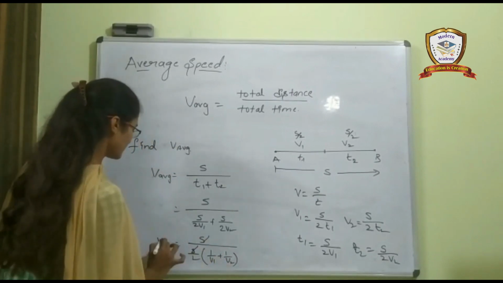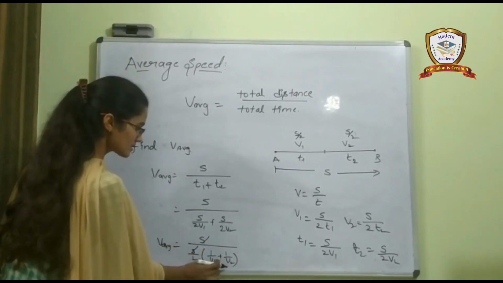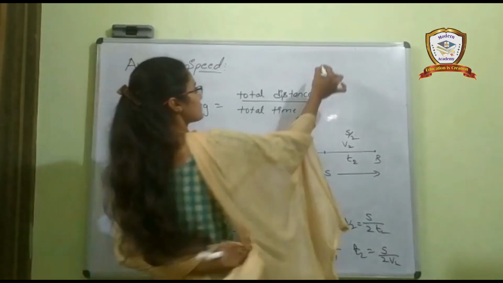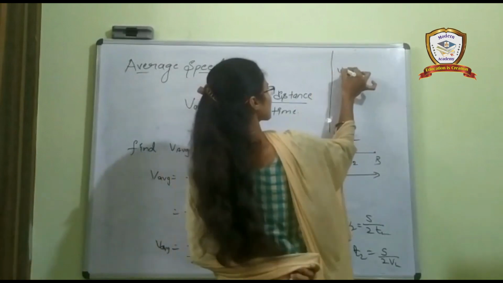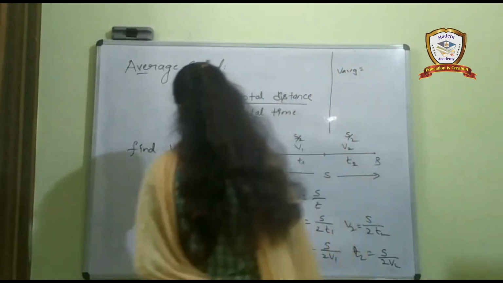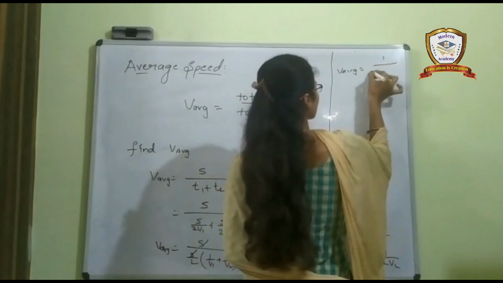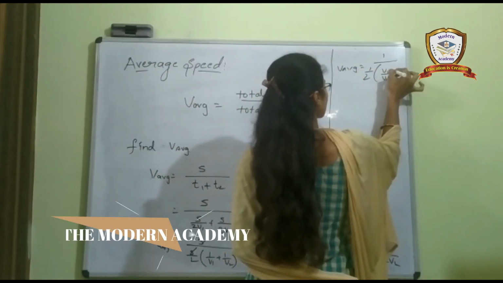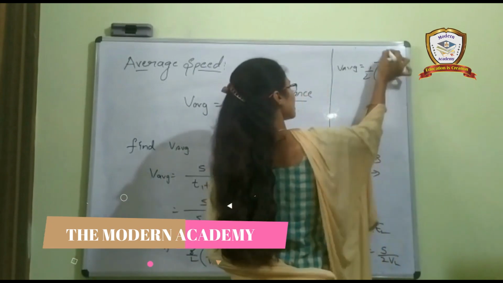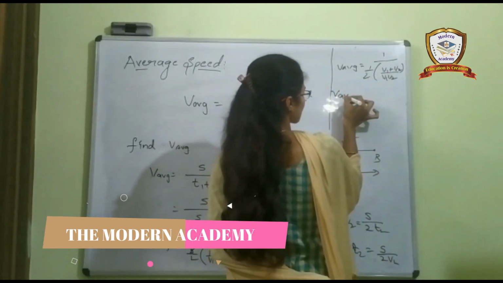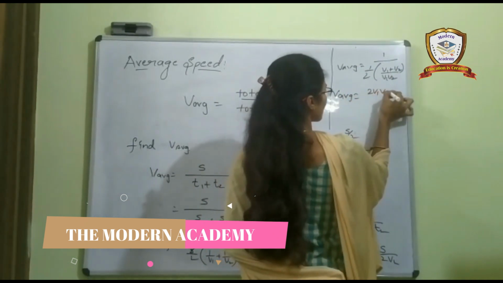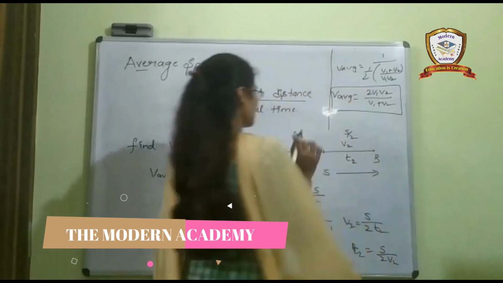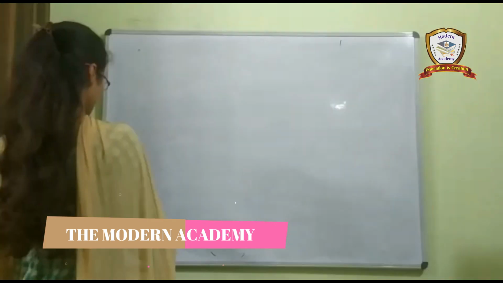Cancel these S's. V average, take LCM here. LCM is V1 V2. So V average equals 1 by (V1 plus V2) by 2 V1 V2. If you take that 2 V1 V2 upside, V average equals 2 V1 V2 by V1 plus V2. This is the V average of this question.